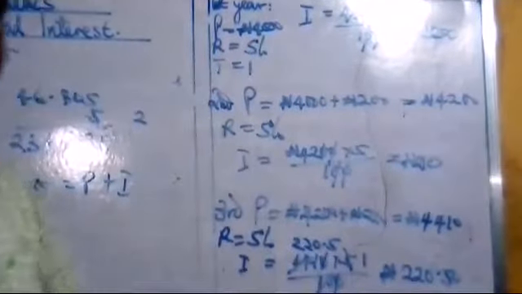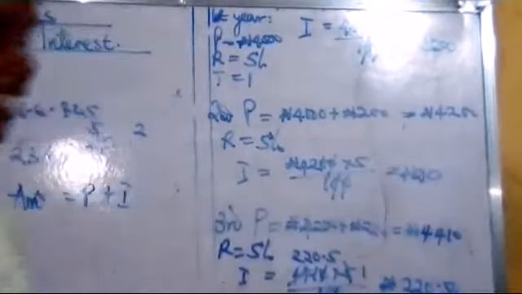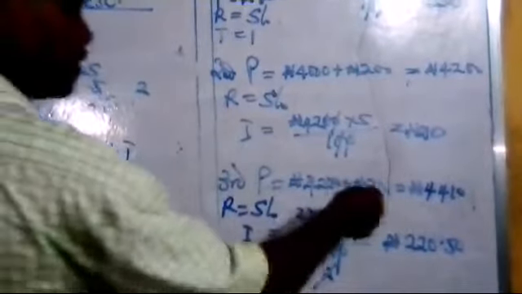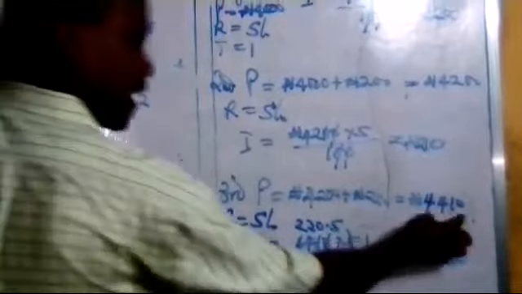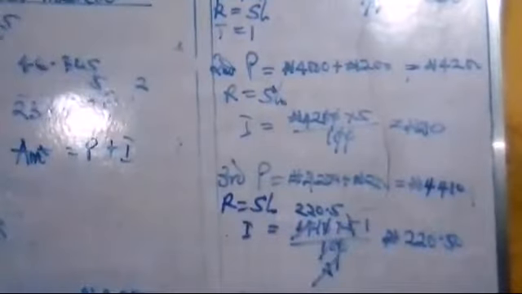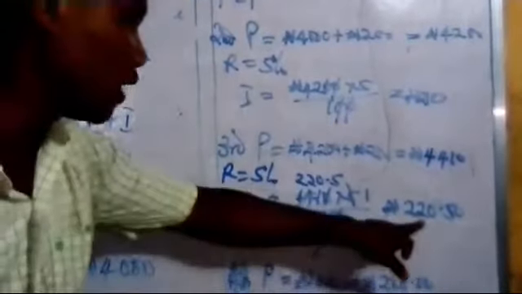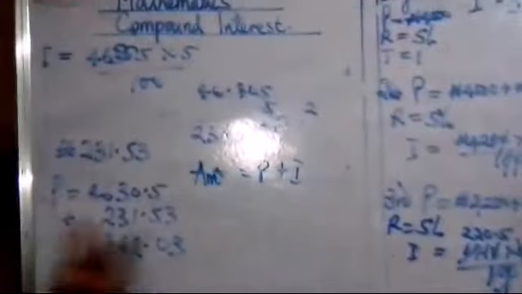He went into business again with 4,200 and made another 210 naira. Now, the 3rd year, he went into business with that 210 naira added to 4,200, and that gave him 4,410 naira. That's what he went into business with for the third year. Now he made 220 naira 50 kobo, which was also added to give 4,630 naira 50 kobo.